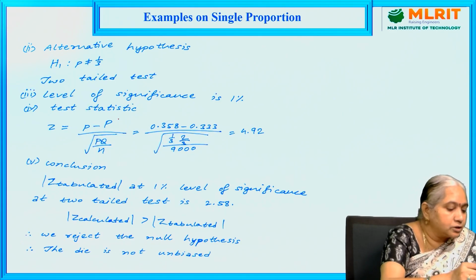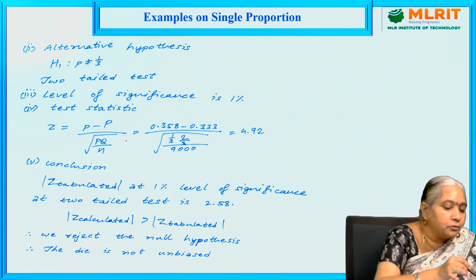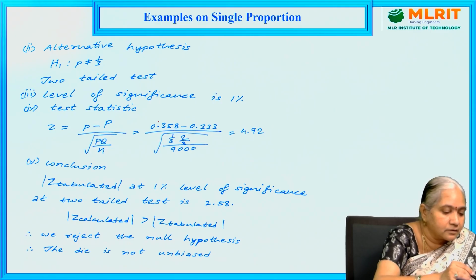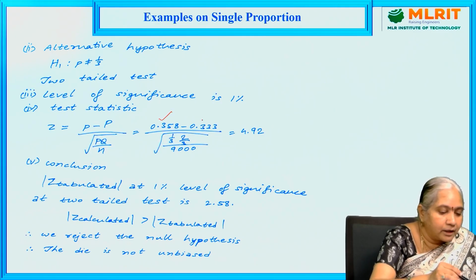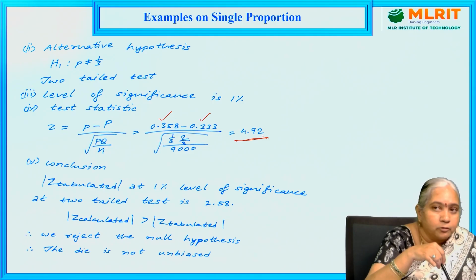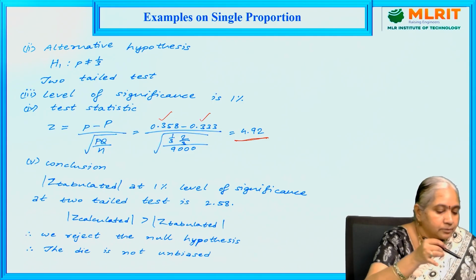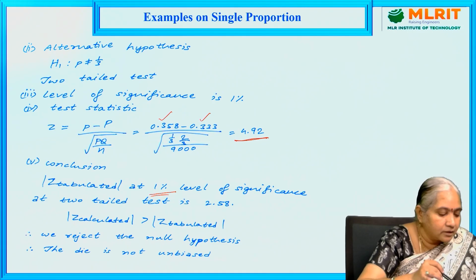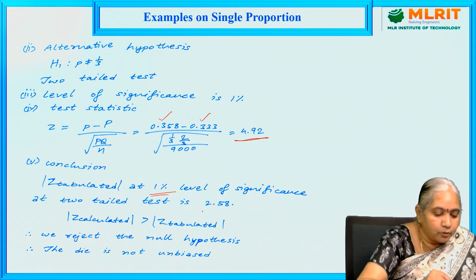Z is equal to small p minus capital P by under root PQ by N. After simplification, the calculated value is 4.92 and the tabular value at a 1% level of significance is 2.58.